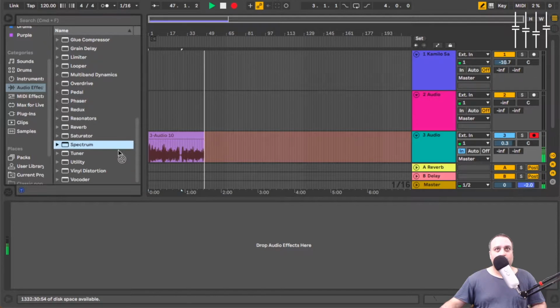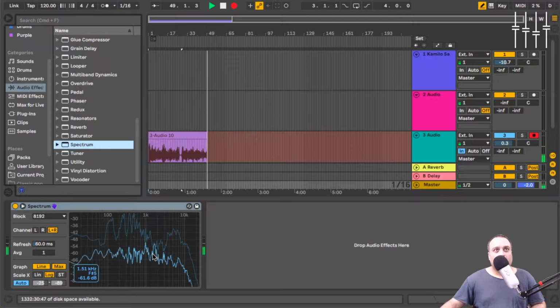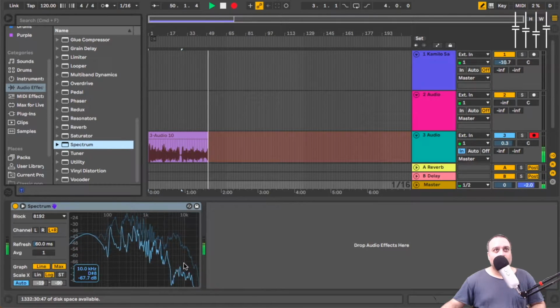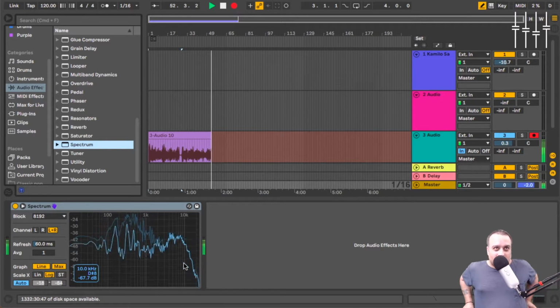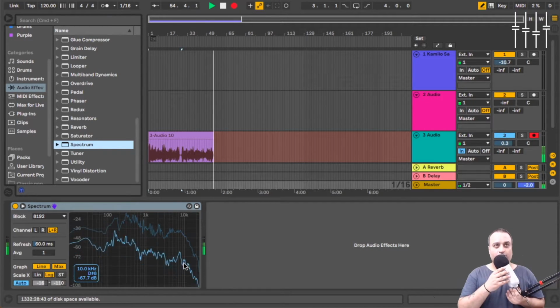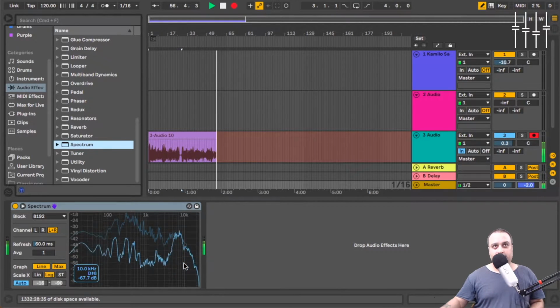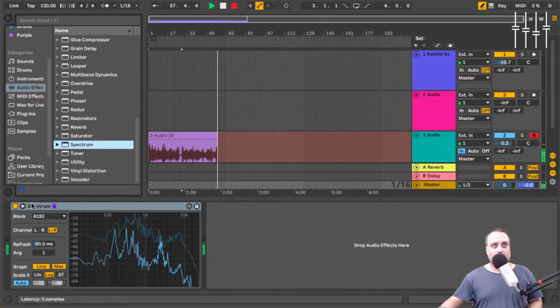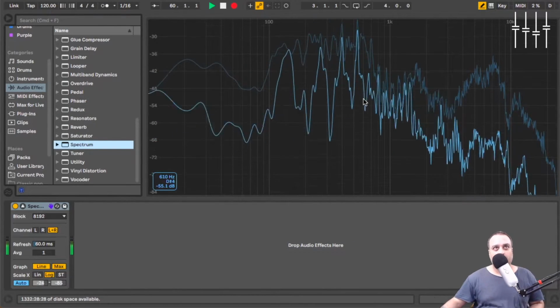Let me put the Spectrum onto the master, so that you can see those beautiful lines jumping up and down. Many DJs would be confused because obviously they won't be able to relate to it, but I'll be explaining in very layman language. It's small knowledge. Let me increase the size. Okay, so this is the Spectrum Analyzer.